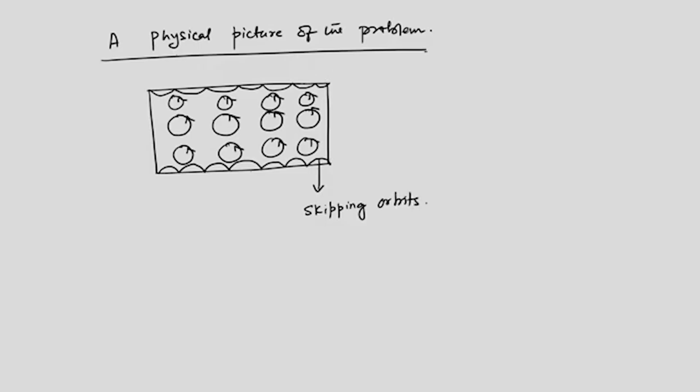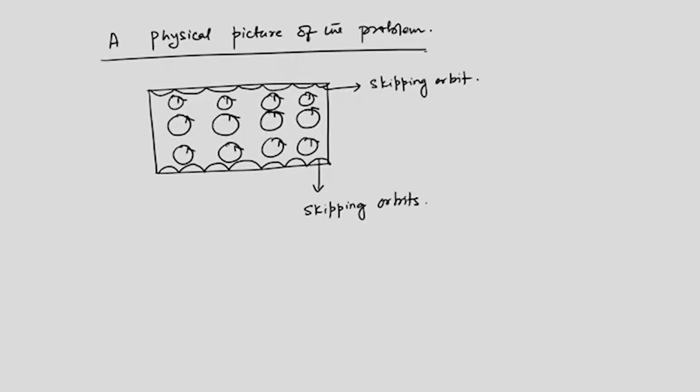This is the skipping orbit in the other transverse direction. So the conduction takes place via these edge modes, or conducting channels of the material.